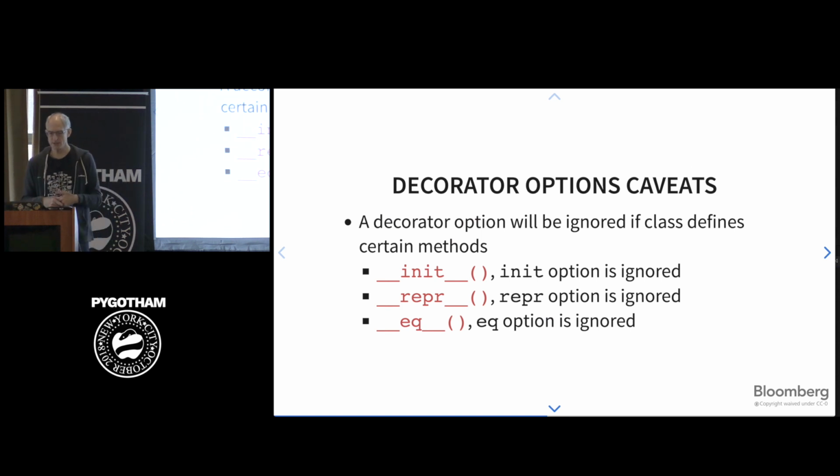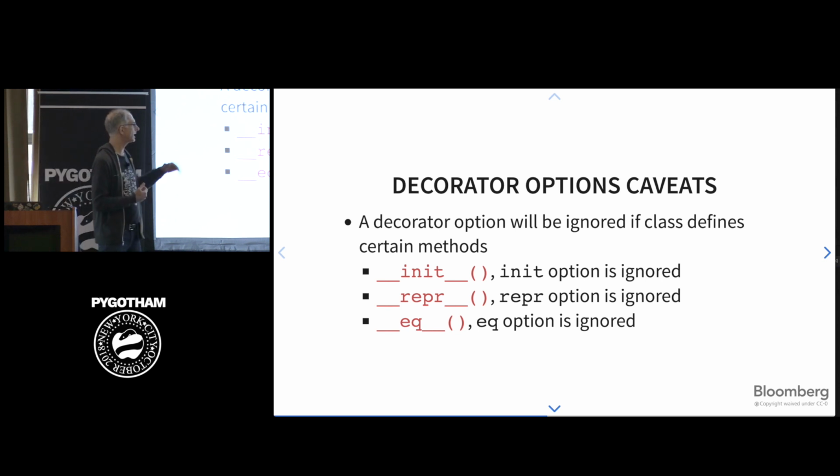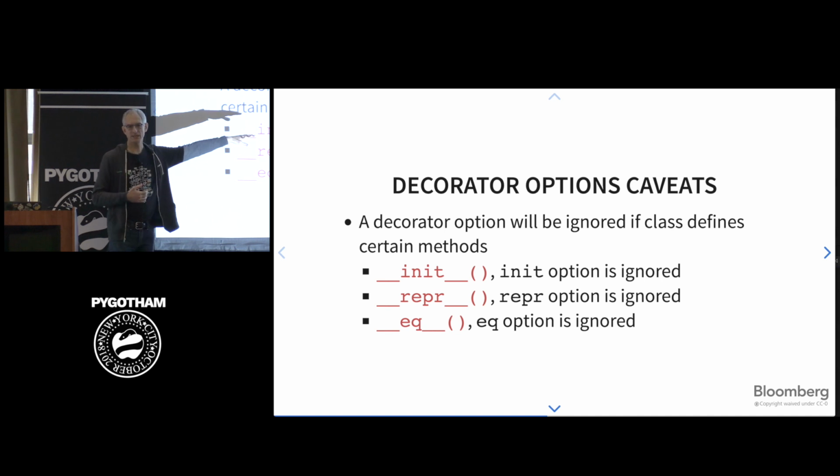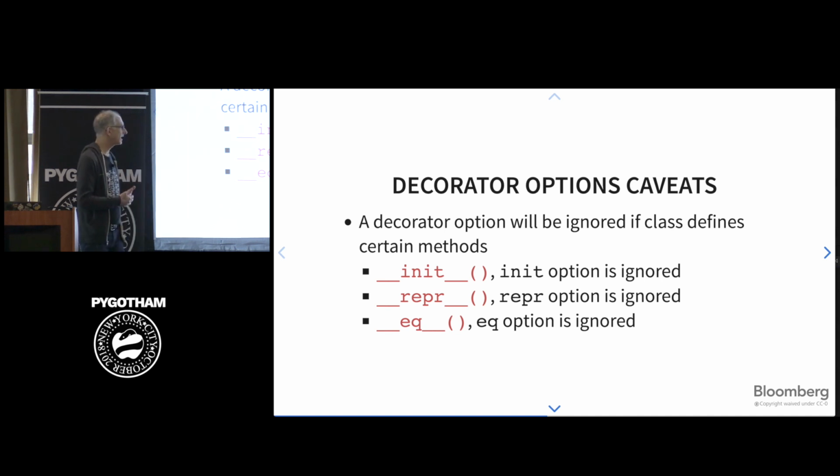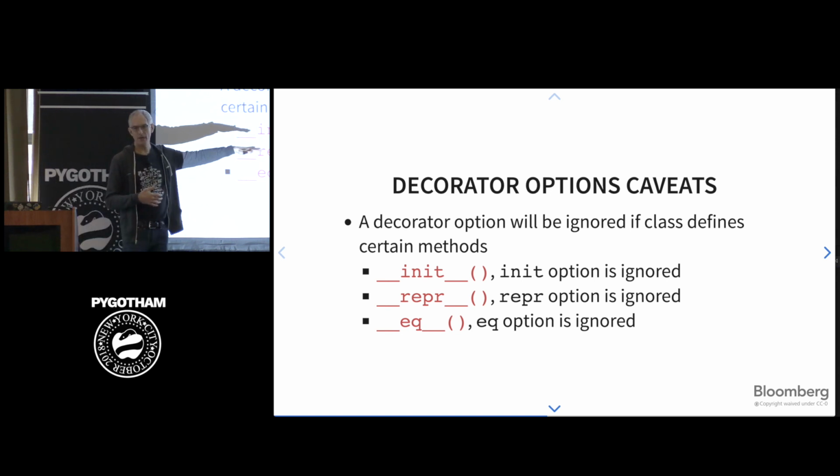There are some caveats that go with the decorator options. If you recall, init, repr, and equal are the default options which I get for free. If I define a dunder init in my class, then it doesn't matter what the init value is. Similarly, if I define a dunder repr function, the repr argument is ignored.